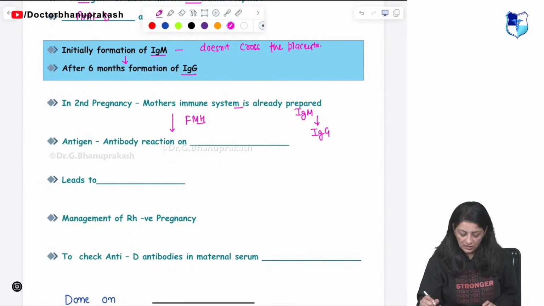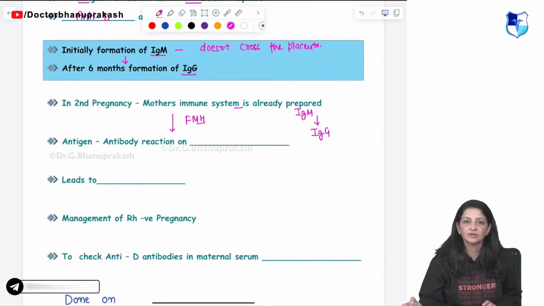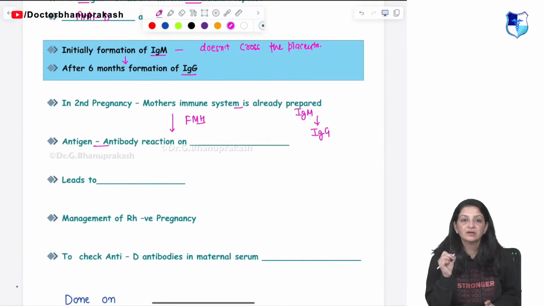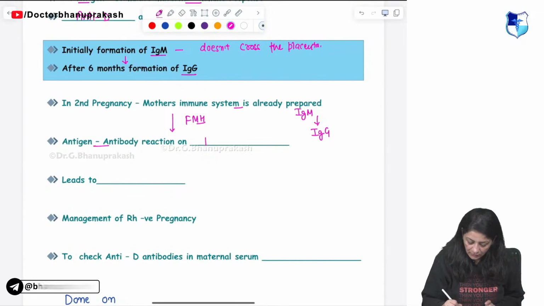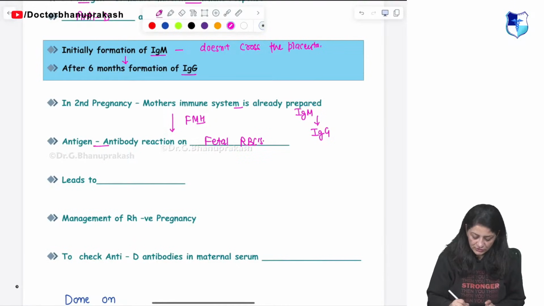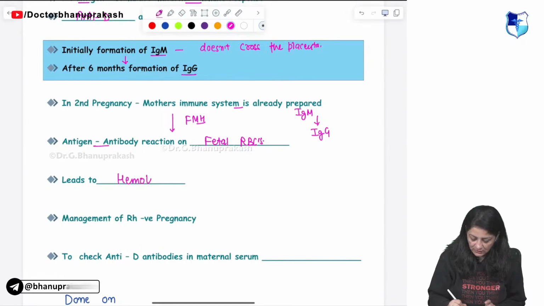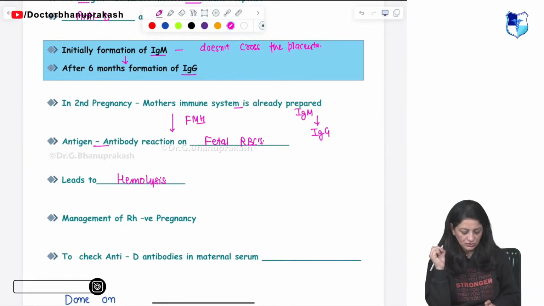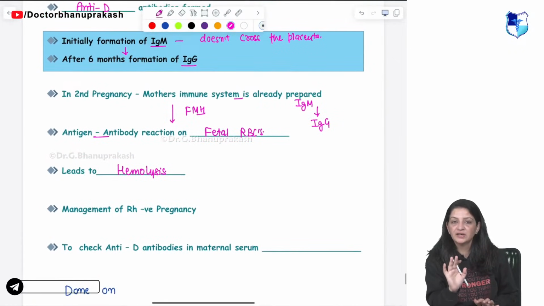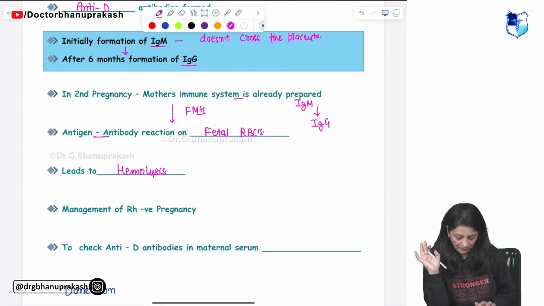These antibodies will cross the placenta, and because of these antibodies, antigen-antibody reaction occurs on fetal RBCs, which leads to hemolysis. Clear? First pregnancy is safe, second pregnancy is complicated.